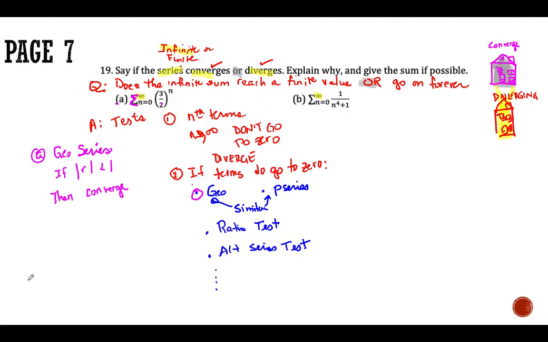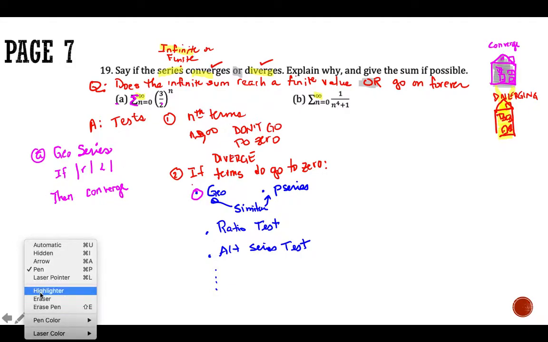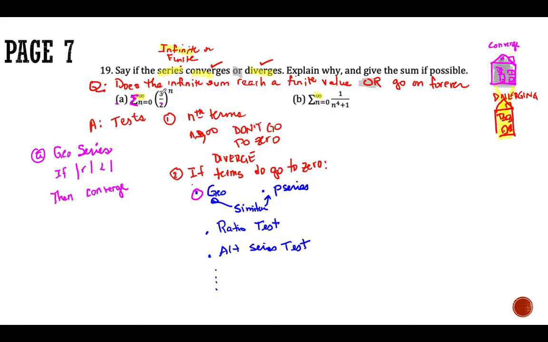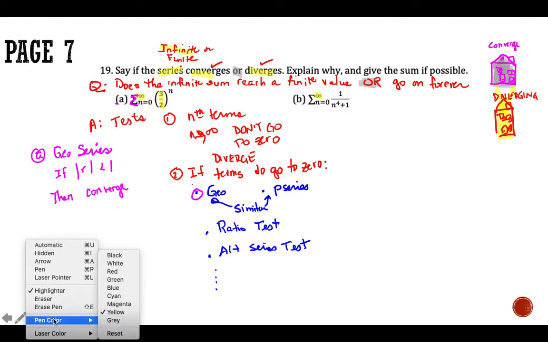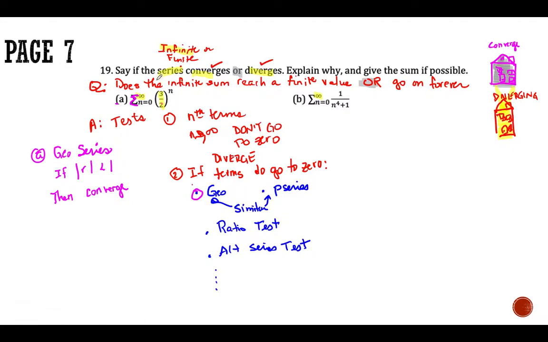So what is my common ratio in A? Ratio is another way to say fraction. Since in A, the absolute value of 3/2 is greater than 1, my geometric series fails the convergence test and therefore diverges.